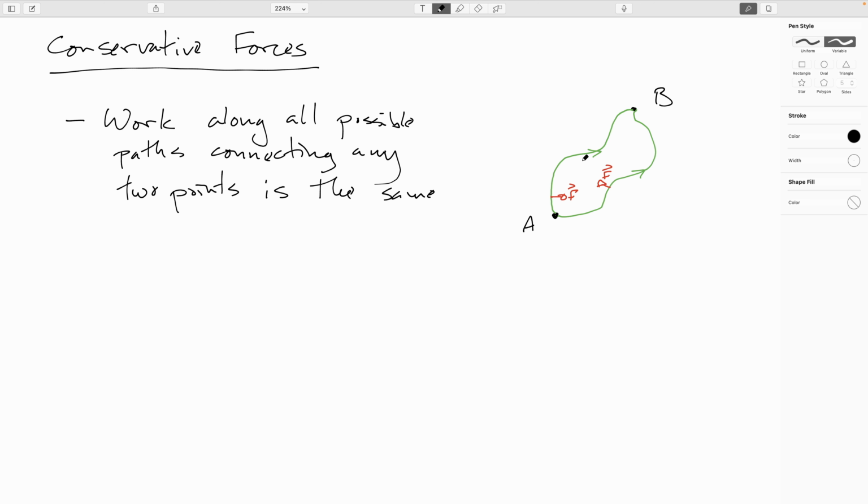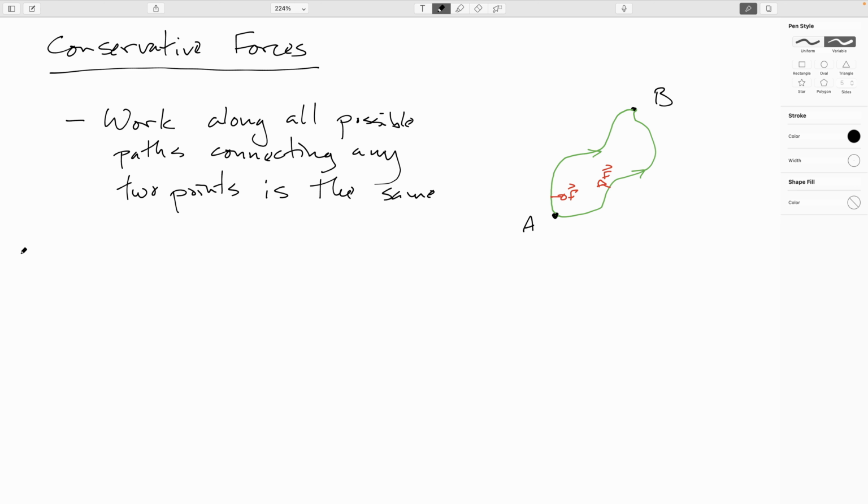And for every possible pair of points A and B, it will be the case that the work will be the same for that pair of points. Now, for a different pair of points, of course, it'll be a different number. But for any pair of points we pick, and every possible path that connects the two points, if the work done by that force on the object going from A to B is the same, then we say that the force is conservative.